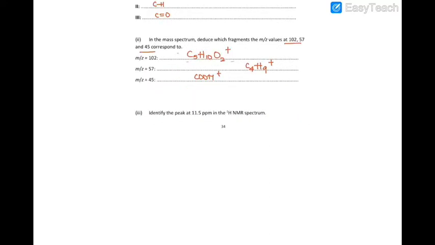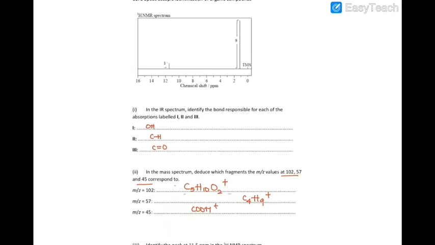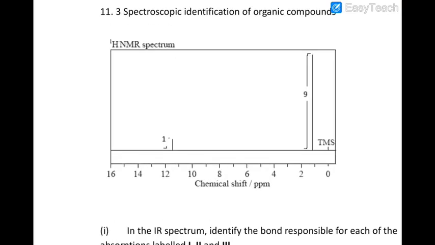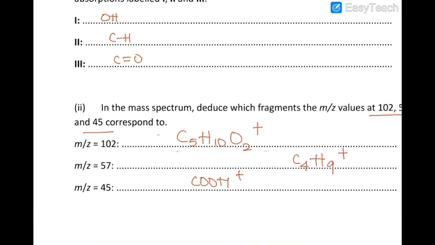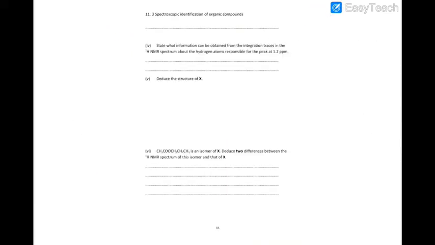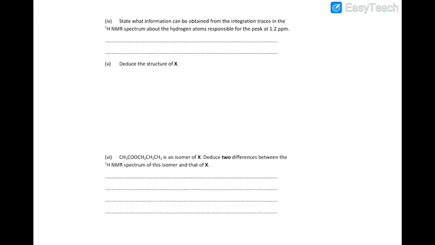Now let's identify the peak in the HNMR. At 11.5, there is only one peak. Because we have confirmed that there is a COOH, it's the hydrogen due to that COOH group. Then state what information can be obtained from the HNMR at 1.2.